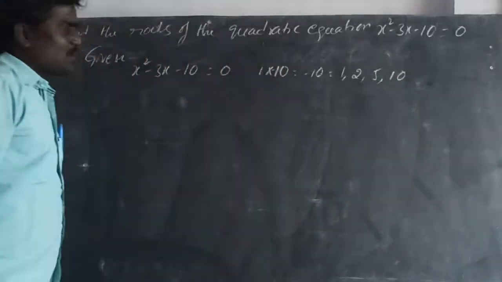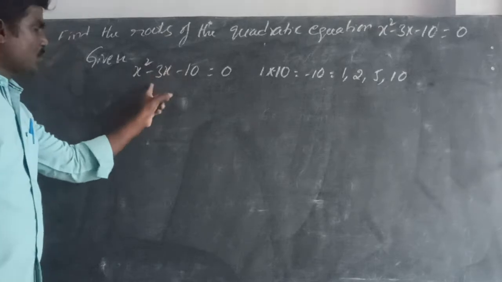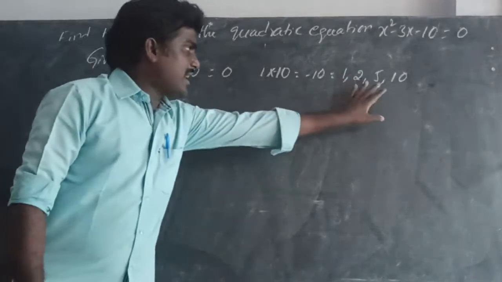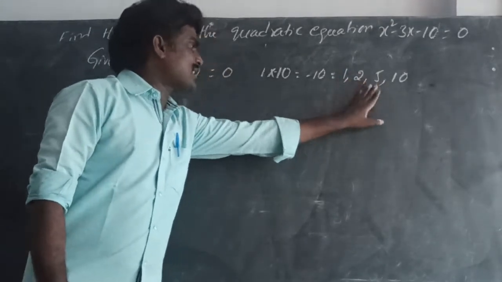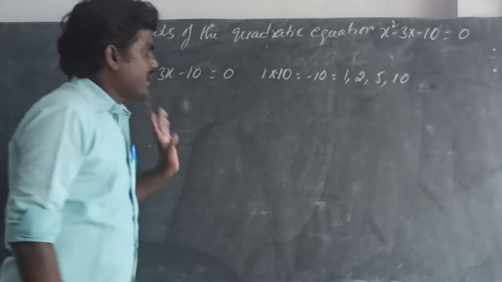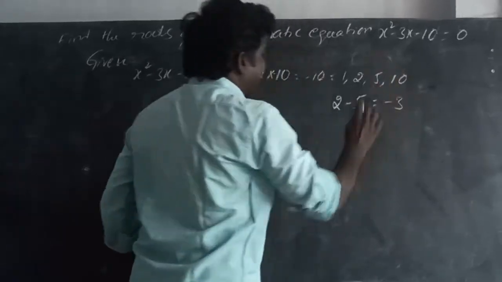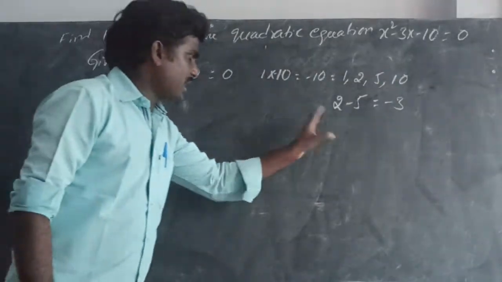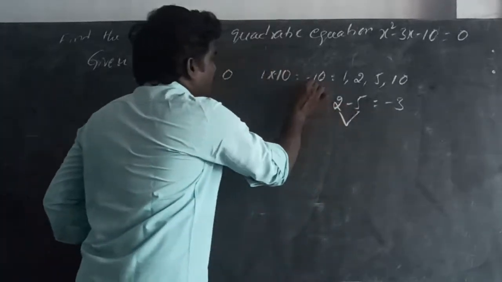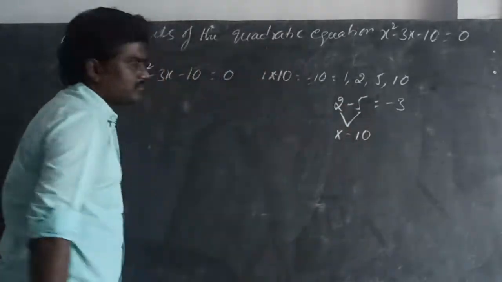Among these factors we take any two whose sum or subtraction gives the x coefficient, which is minus 3. So which factors do we take? 2 minus 5 is equal to minus 3, and their product is minus 10. So 2 into minus 5 is minus 10.